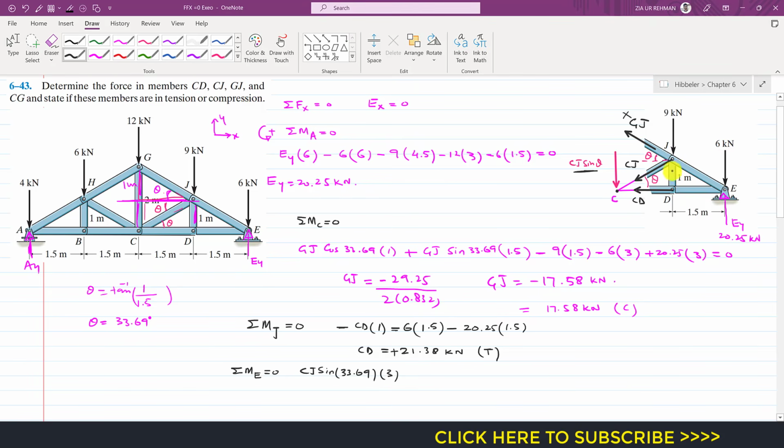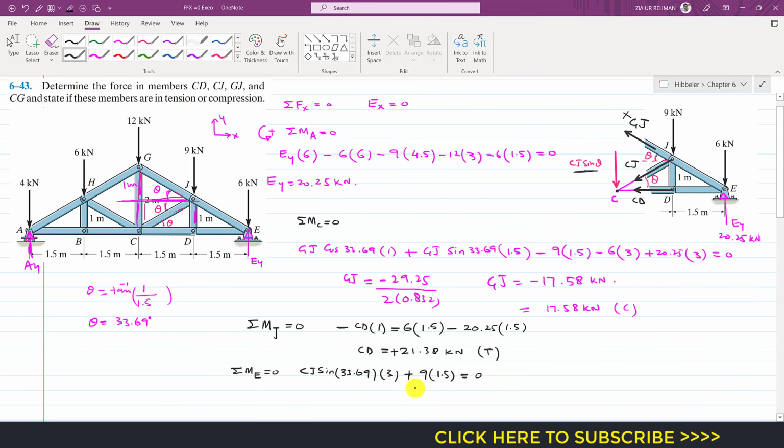This 9 kilonewton force is producing a counterclockwise moment about point E, so I will write plus 9, and the moment arm of this 9 kilonewton force from point E is 1.5. Similarly, this 6 kilonewton force is passing through point E as well, and this Ey is passing through point E as well, so they are not producing a moment about point E, so this will be equal to 0.